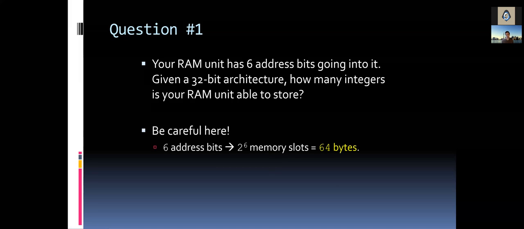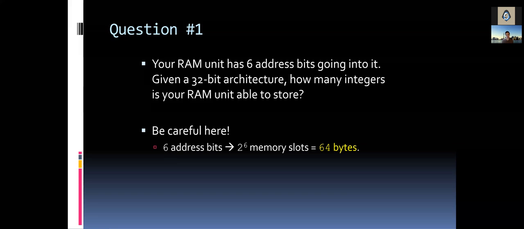So the first step, obviously, is to convert, wow, 2 to the power 26. That's a lot. So let's have a look. You had 6 address bits, right? So the maximum amount of bytes you can represent using these bits, assuming you want to address every single byte, is 2 to the power of 6, because these 6 address bits need to be able to address every byte in your memory.